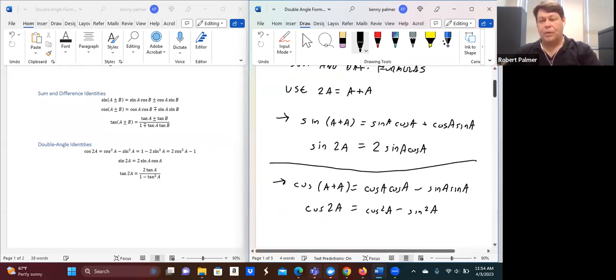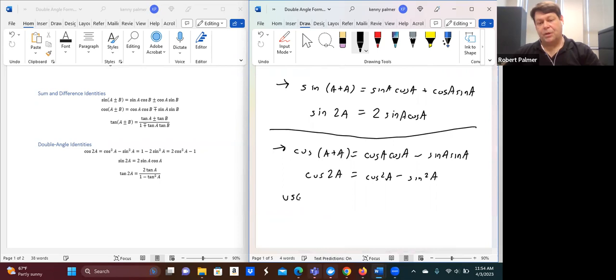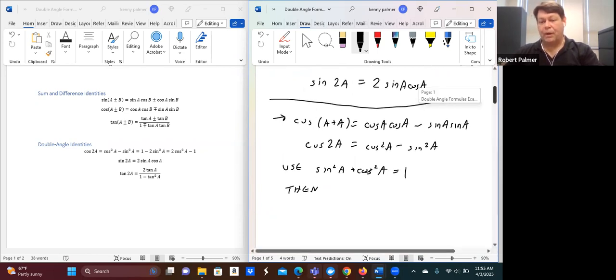Now, where the other two versions come from: if we use the Pythagorean identity, sine squared of a plus cosine squared of a is equal to 1, then we can write the cosine squared as 1 minus sine squared.